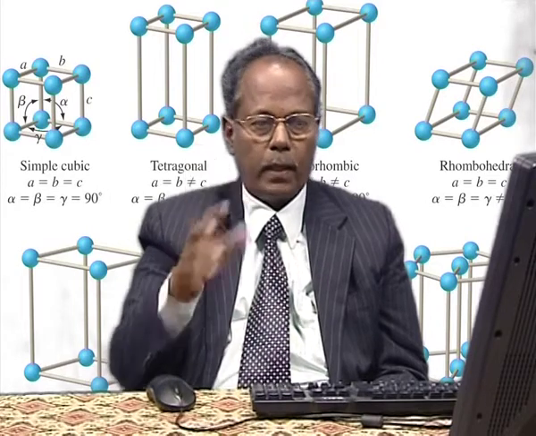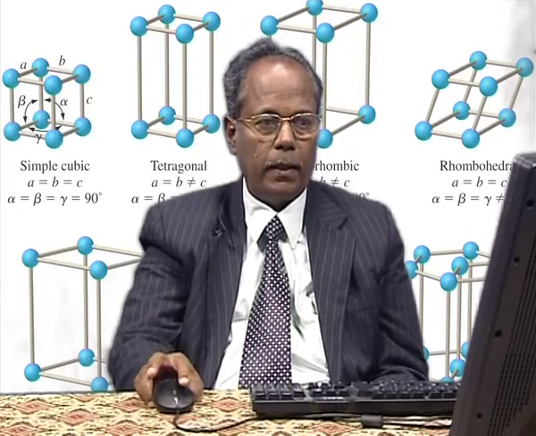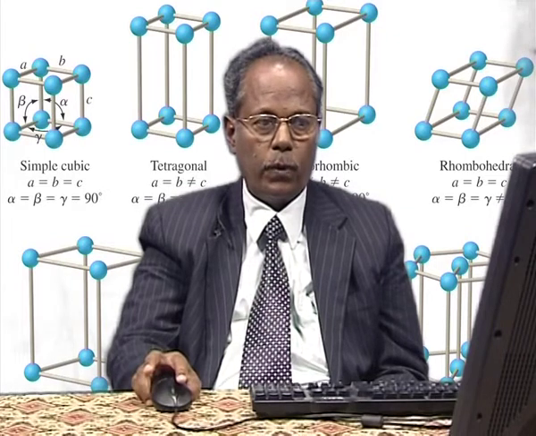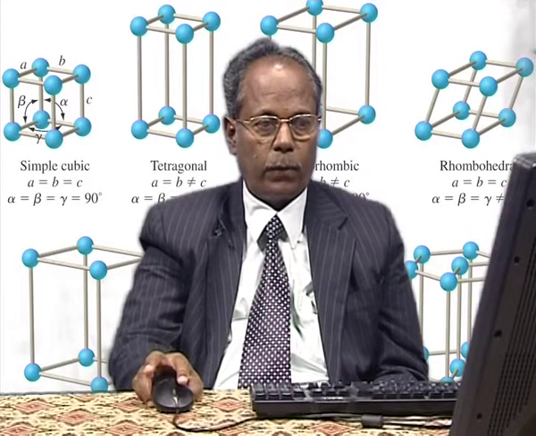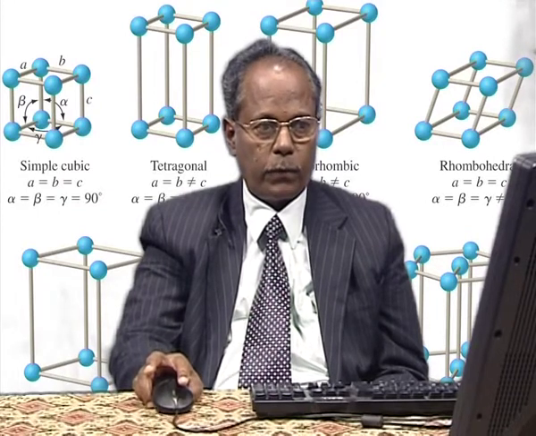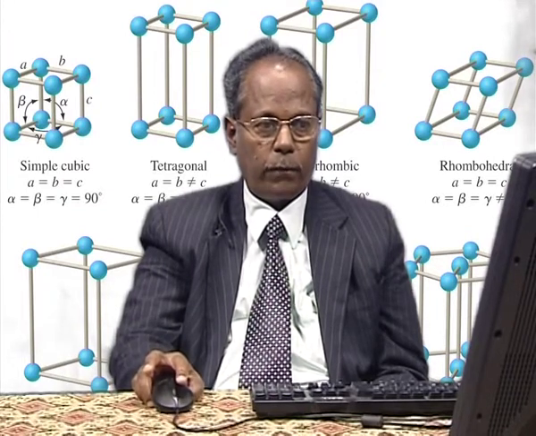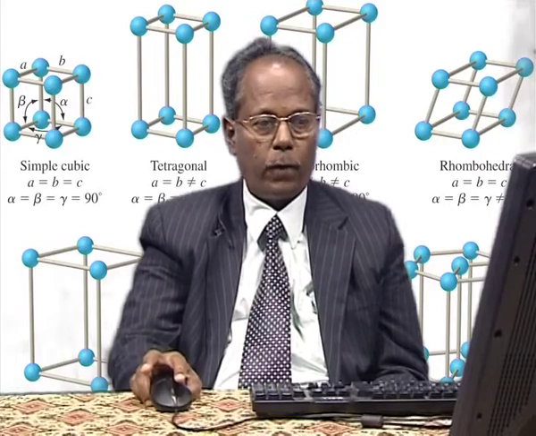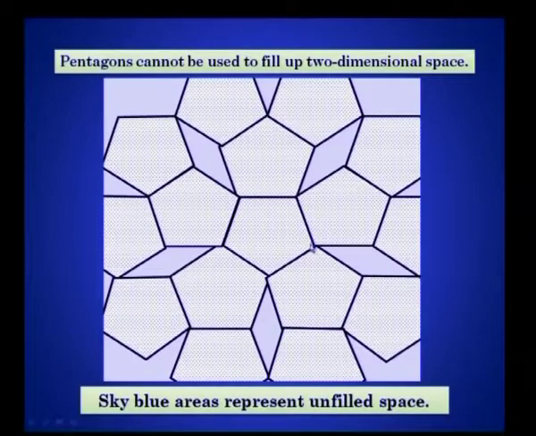So, the possible shapes in 2 dimensions to fill up an area are: a rectangle is 2-fold, an equilateral triangle is 3-fold, a square will be 4-fold, a hexagon will be 6-fold. Now, these are the possible shapes you can think of to fill up 2-dimensional space.